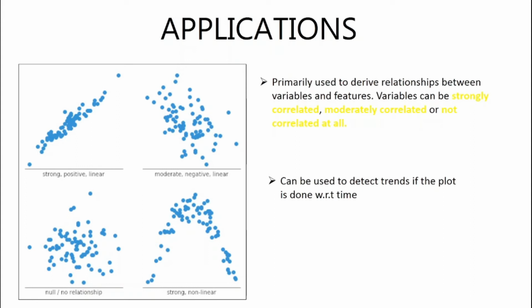These are basic trends which data points follow with respect to each other, which can be determined with the help of scatter plots. Scatter plots can also be used to detect trends. When the x-axis is a time variable, anything present on the y-axis would be a trend, to notice how the variable on the y-axis behaves when you alter the time.